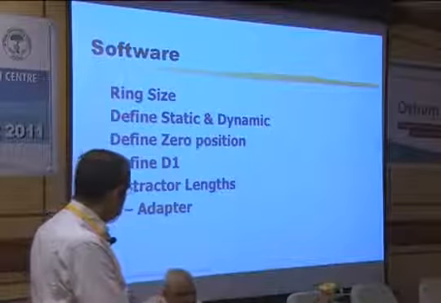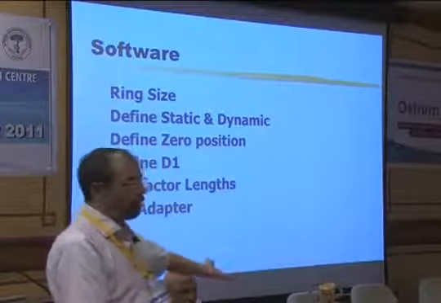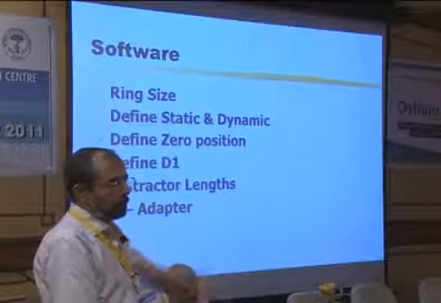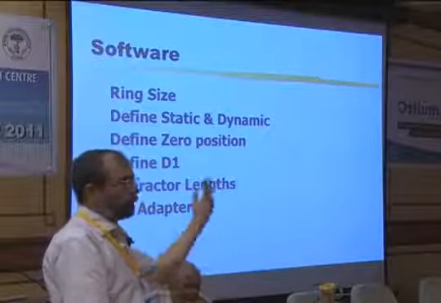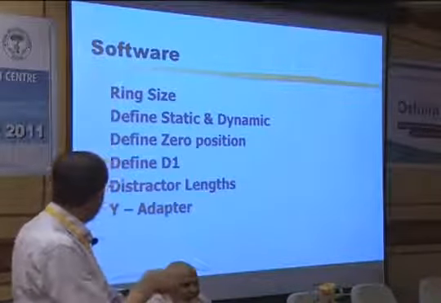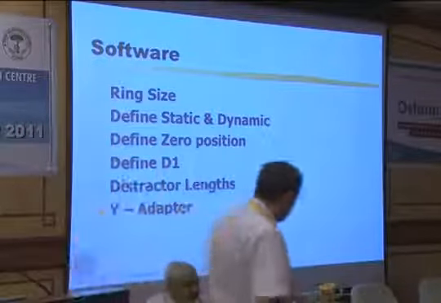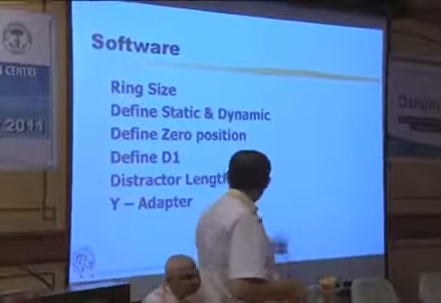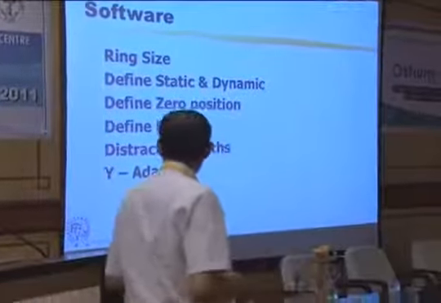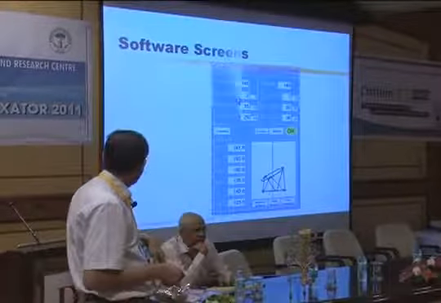So in these cases, usually we say that the lower ring is static, exactly like how it is here. The lower ring is not going to move, it's the upper rings which are going to move. Then we have to define what is the zero position, that is the anterior part of the ring, and define D1, what are the distractor lengths and where the Y adapters are.